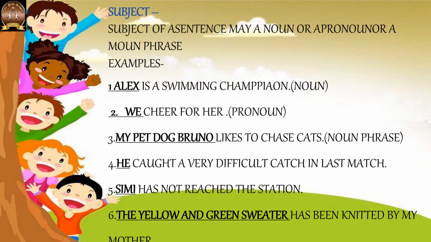Here, my pet dog Bruno is a noun phrase. He caught a very difficult catch in the last match. The sentence is about he, which is a pronoun. Simi has not reached the station. Simi is a noun. The yellow and green sweater has been knitted by my mother. So here the yellow and green sweater is the noun phrase and the subject of the sentence.